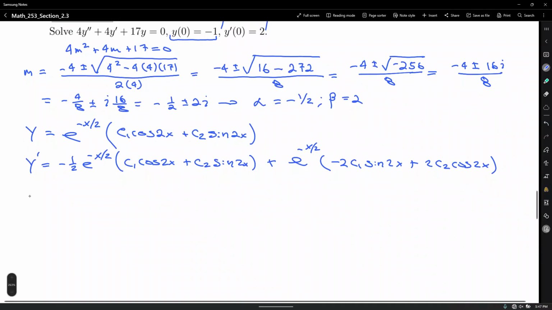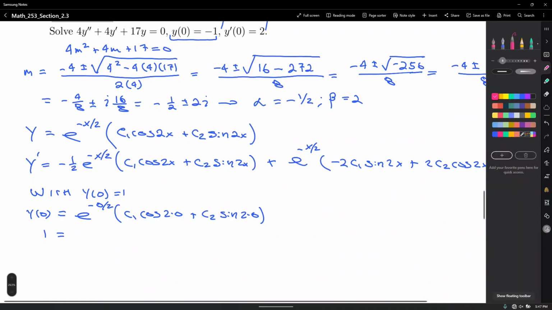Let's see. With y of 0 equals 1, we evaluate the solution at 0: e to the negative 0 over 2, c1 cosine of 2 times 0 plus c2 sine of 2 times 0. So y of 0 equals 1 equals e to the 0, which is 1. How about we cancel some terms here?